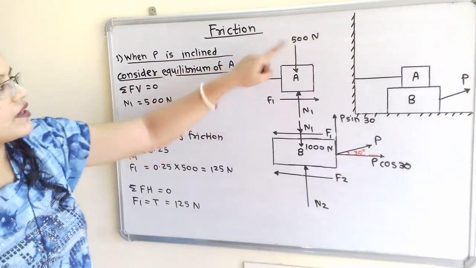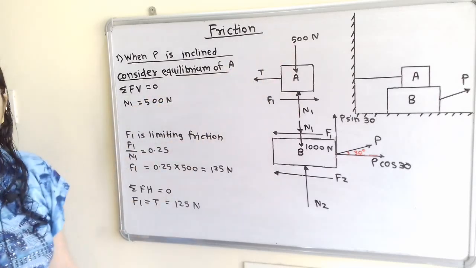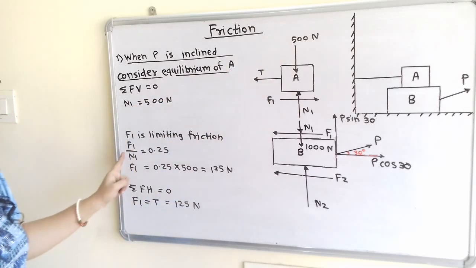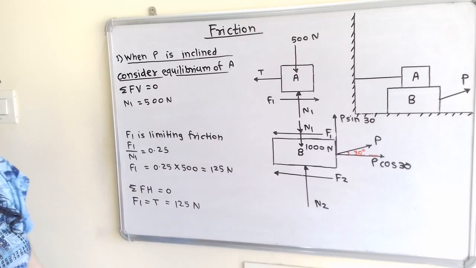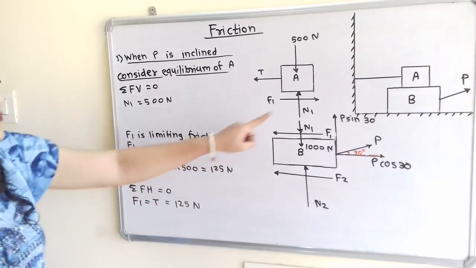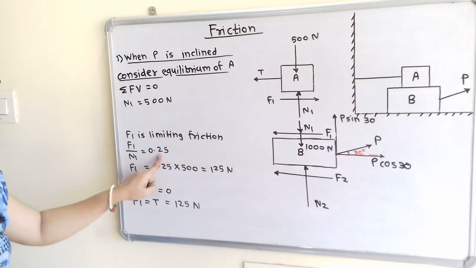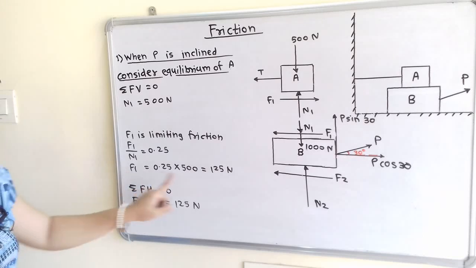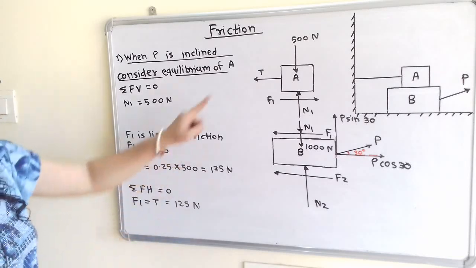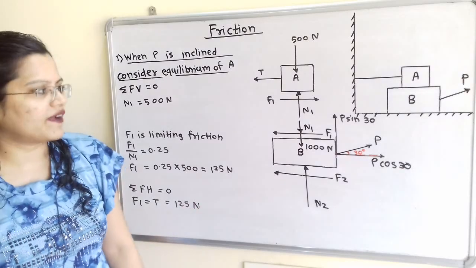Summation of all vertical forces is equal to 0 and therefore N1 is equal to 500 Newton, and summation of all horizontal forces is equal to 0, so F1 is equal to T. From the relation between N1 and F1, that is F1 by N1 is equal to 0.25, we calculate F1 as 125, and therefore tension T in the string is also equal to 125 Newton.